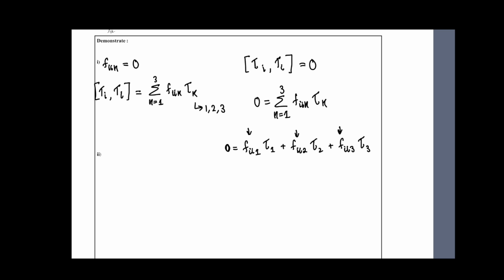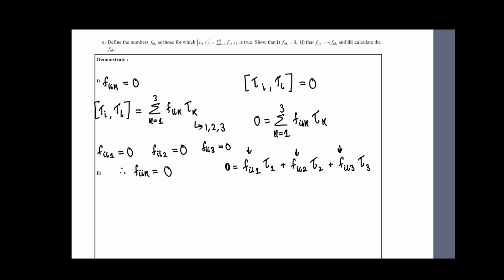What that means is f_ii1 has to be equal to 0, f_ii2 has to be equal to 0, and f_ii3 has to be equal to 0, because that's the only possible way to get these matrices to add together and make 0. Therefore, f_iik is equal to 0. So we've shown part i.